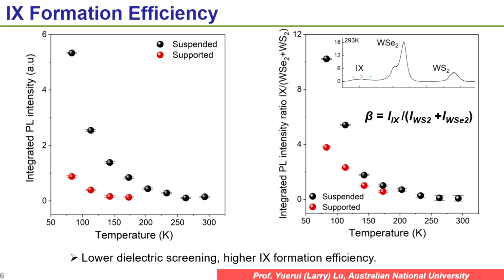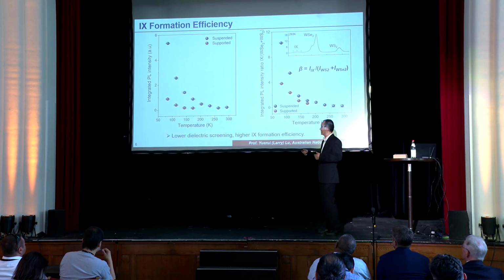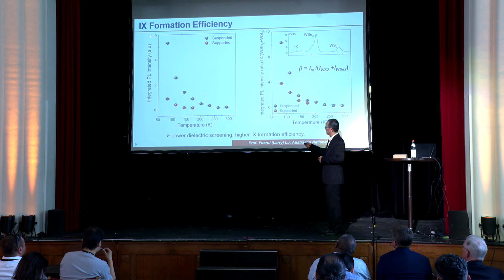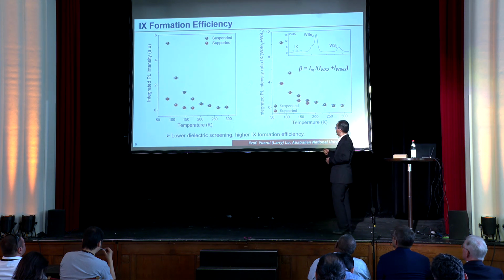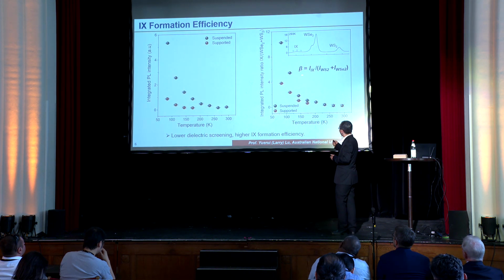As I mentioned earlier, at room temperature, we can only see the interlayer exciton emission from the suspended sample area. But when we cool down the sample, we can still see the PL emission from the interlayer excitons from the supported sample at low temperature, but the intensity was very much lower than that from the freestanding sample. In order to compare those two systems, we define a parameter here, beta.